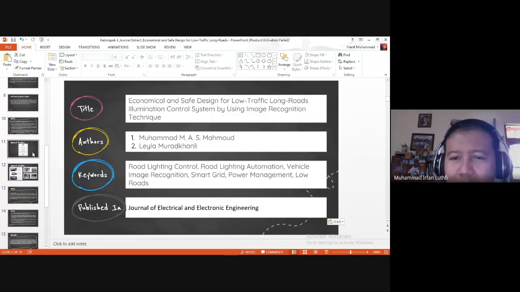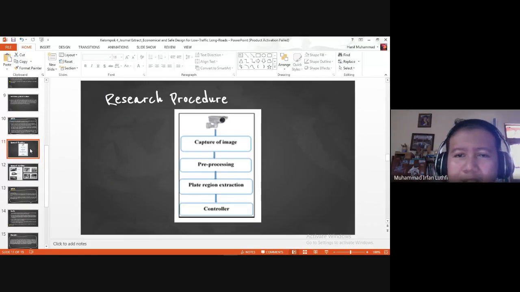Yeah, capture image, pre-processing, plate region extraction, and send to the controller. So actually, the system design is quite simple, right? But something makes it look complicated when they try to recognize the plate number.